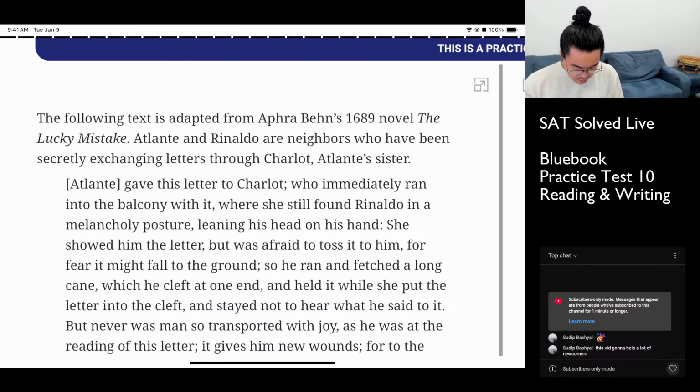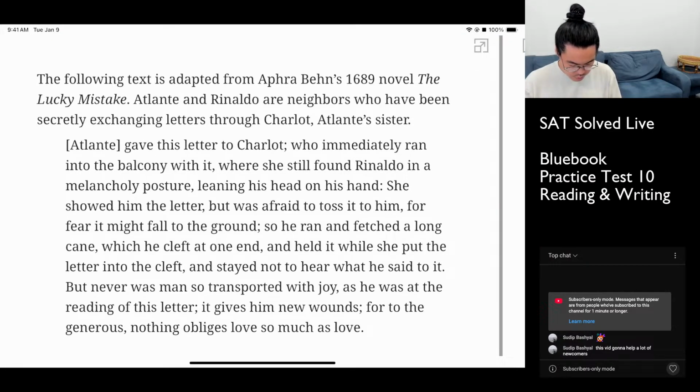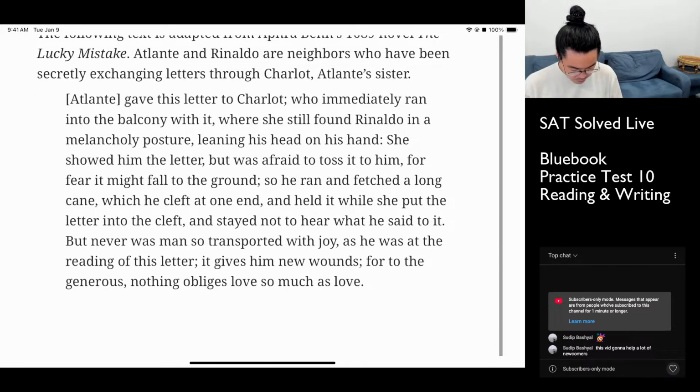Aphra Behn's novel, A and R are neighbors, and C is the sister of A. So A gives the letter to C, who goes into R, and then R is melancholy, and gets the letter from her, and then he fetches it, and he held it.